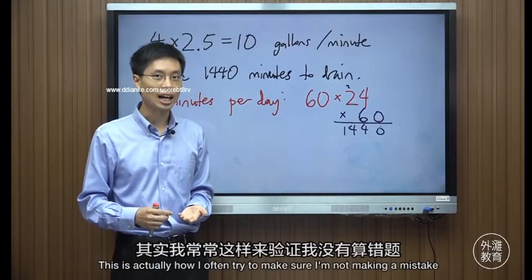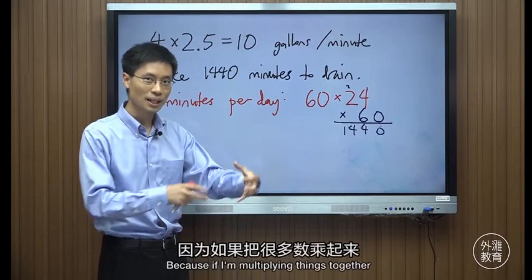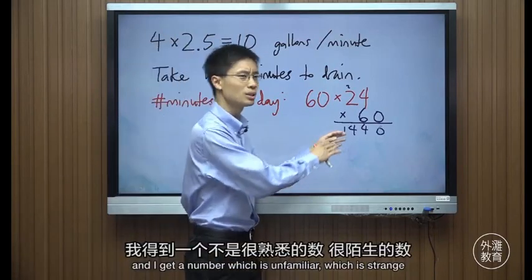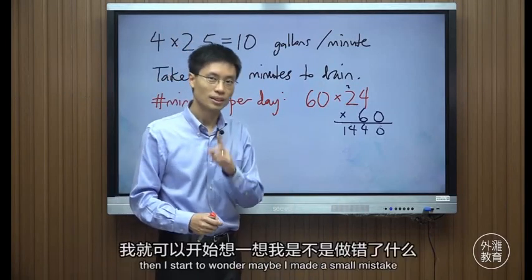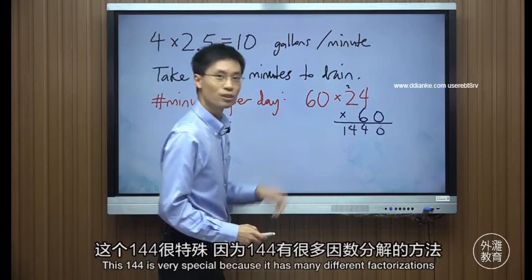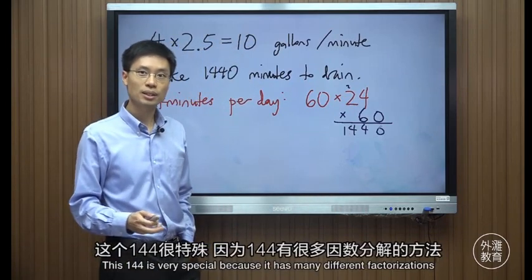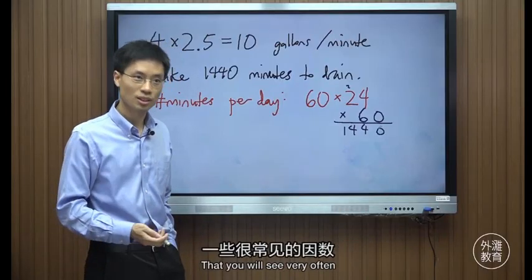This is actually how I often try to make sure I'm not making a mistake. Because if I'm multiplying things together and I get a number which is unfamiliar, which is strange, that I haven't seen before, then I start to wonder if maybe I made a small mistake. This 144 is very special because it has many different factorizations that you will see very often.